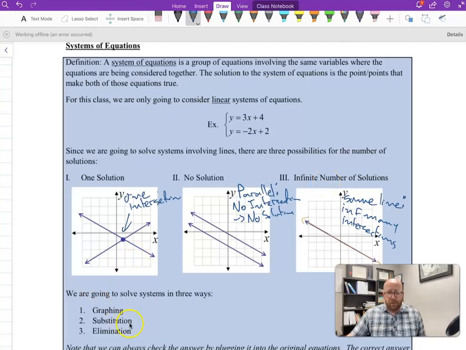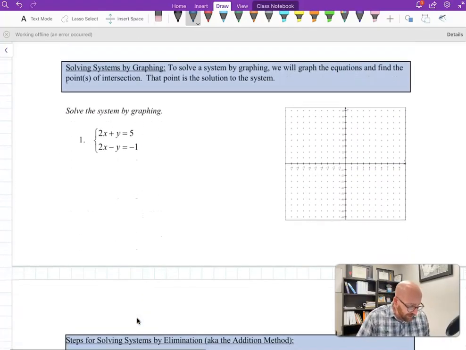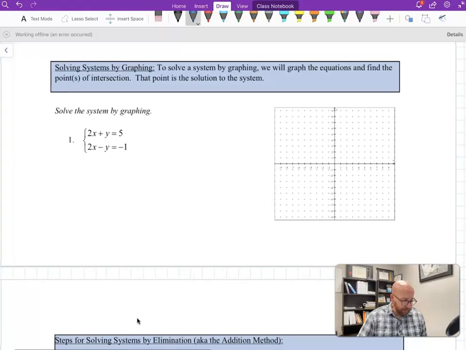Alright, so of the three ways that we're going to talk about solving, graphing is going to be the first method that we look at. Then we'll talk about two other methods, substitution and elimination. So, let's talk about how to solve a system of equations by graphing.